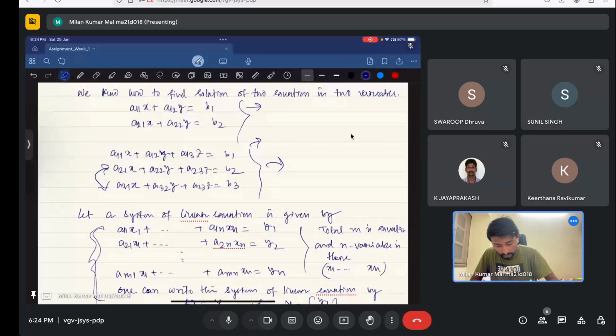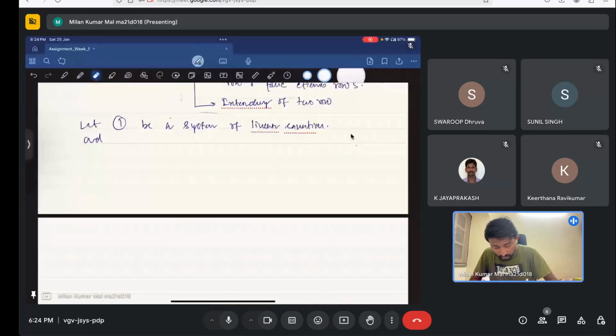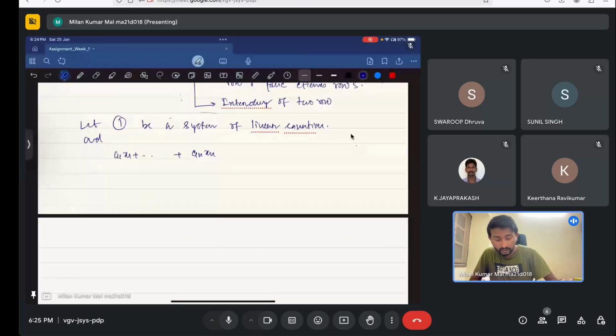We can take C11 x1 all the way to C1n xn, which is equal to some b1 prime, and it goes on to Cm1 x1 all the way to Cmn xn is equal to bm prime. This is m equations. So this is the new system that comes from elementary row operations of system 1.